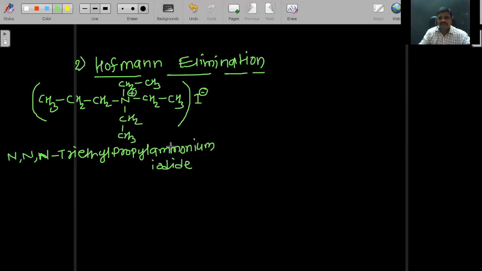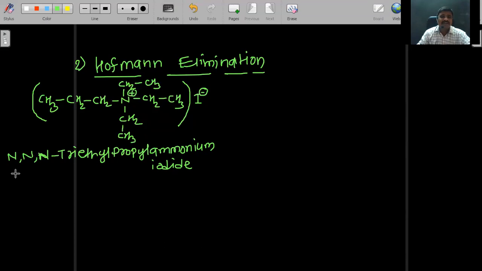This is the name of this compound, and this is the reactant in the Hofmann elimination reaction. The reactant is a little bulky; the name and structure are complicated, but the reaction is very simple. Let us try to understand how simple this reaction is.